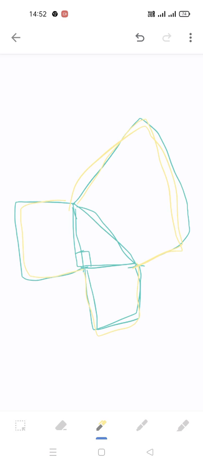Hypotenuse. Means the sum of these two squares will be equal to this. When these both squares combine, then this big square will form.